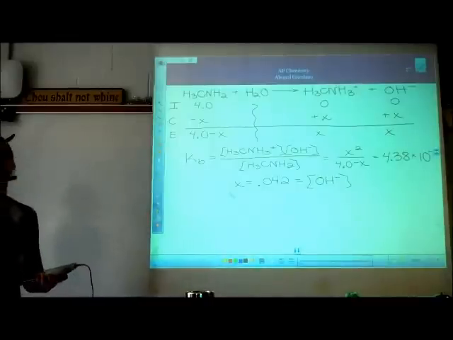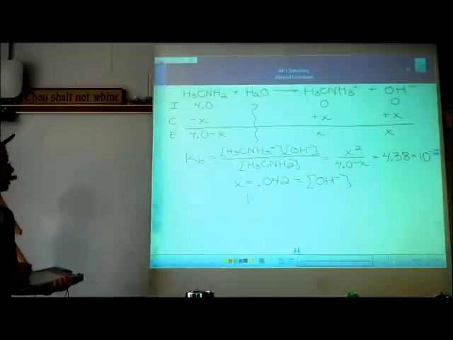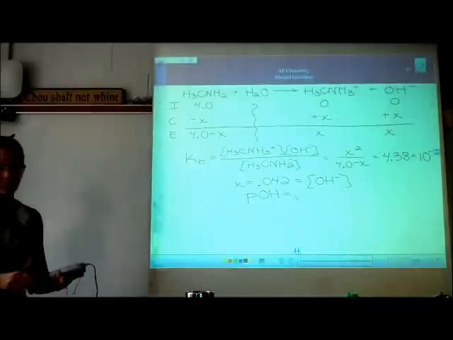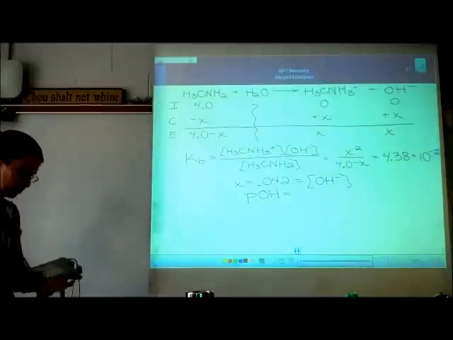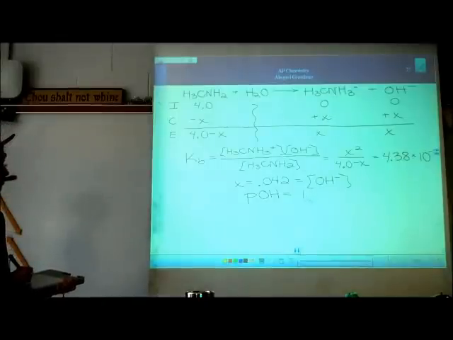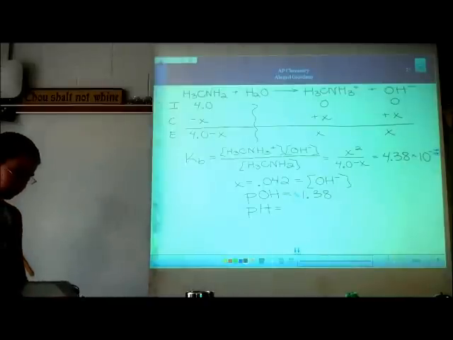What's probably the easier thing to find first? pOH. Negative log 0.042. Okay, how do you go from a pOH to a pH? 14 minus your pOH.